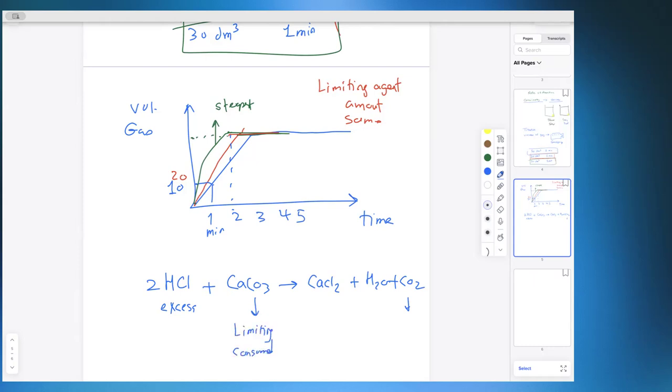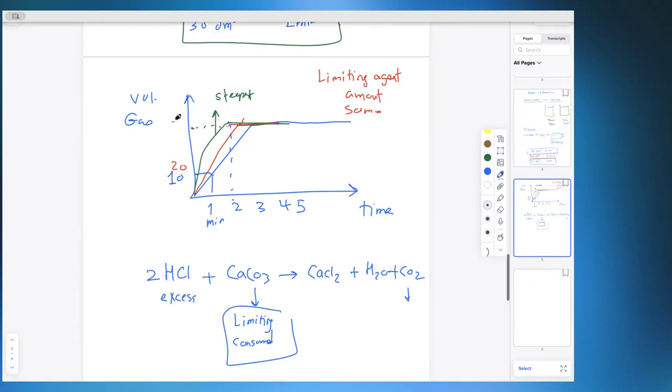So even if the reaction is faster, the volume of the gas produced will be the same at the end. Why? Because this is finished. Even if you are faster, let's say that you will produce a maximum of 60, right? What happens if you are fast and the limiting reagent is small?